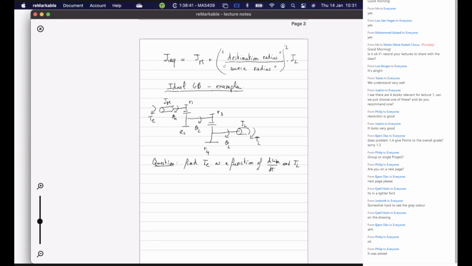So we use the previous formula: Te is equal to JX, so the equivalent inertia, times d omega M dt. And then here we had minus omega L divided by omega M times TL.